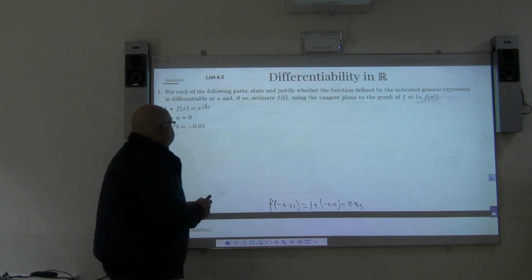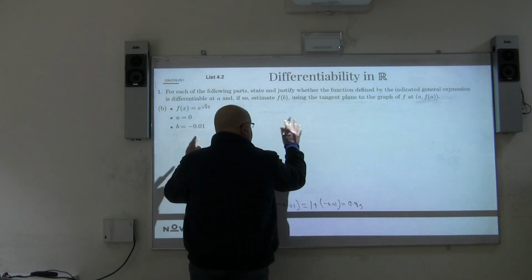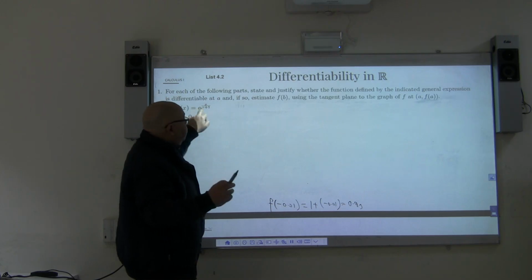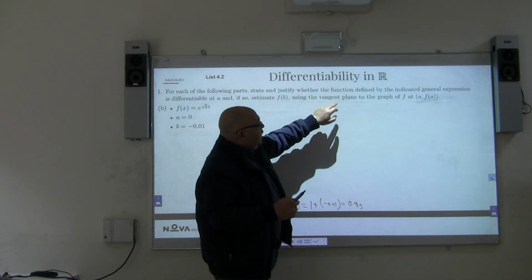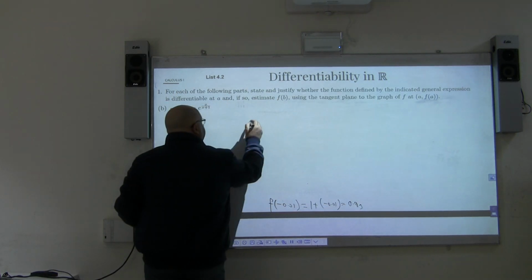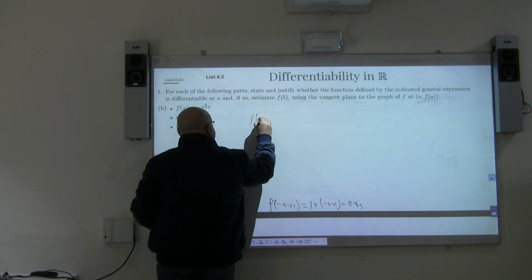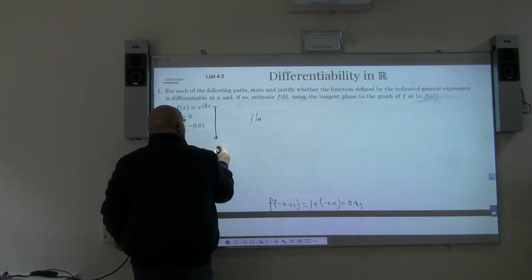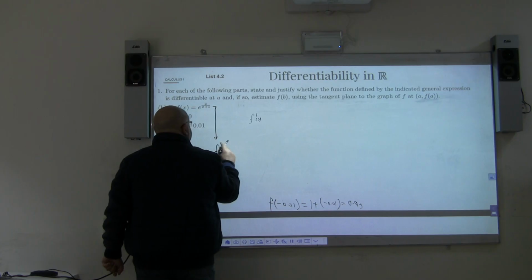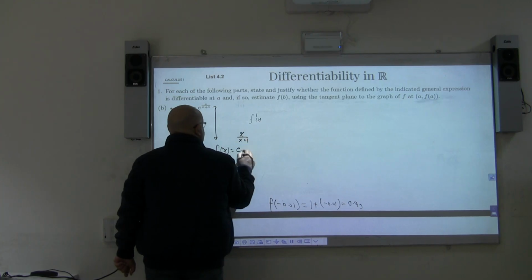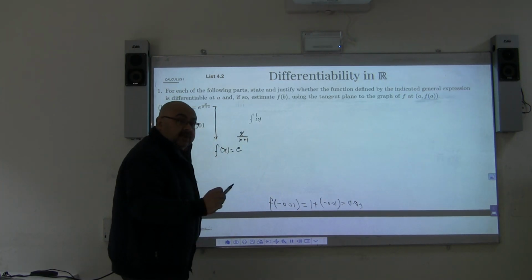You know how to differentiate, Omar. So if he asked me about the approximation, or using the tangent line to the graph in order to evaluate the value of b, all I need to do is to get f dash at 0. How to get f dash at 0? I will differentiate this function. Omar, can you differentiate this function? This is, I'm sorry, just a second, f of x equal to e to the power of x divided by x plus 1, and so on. Let's do the derivative together.